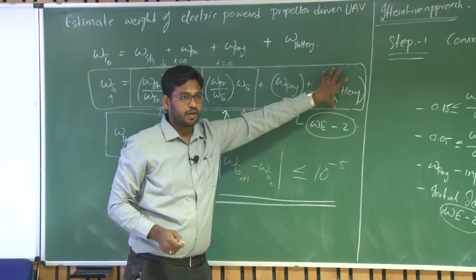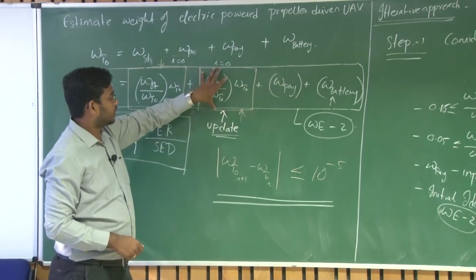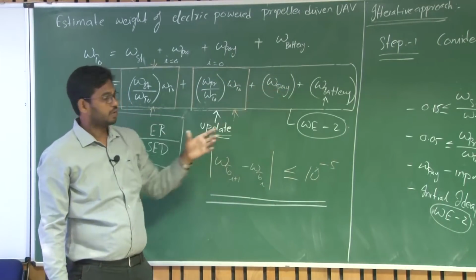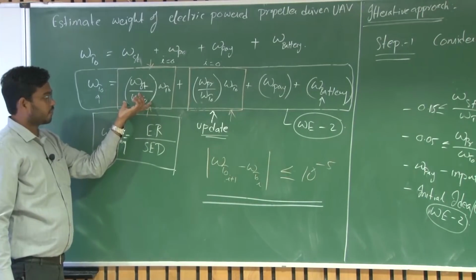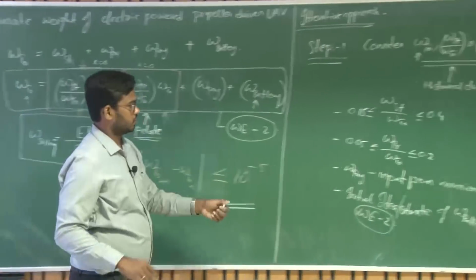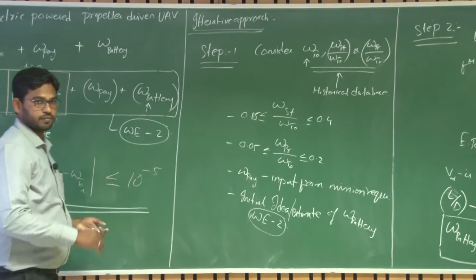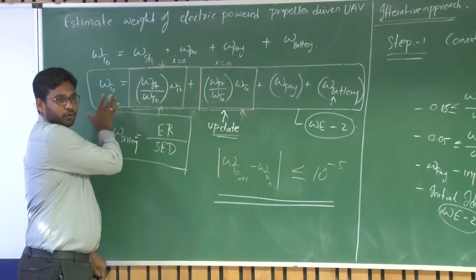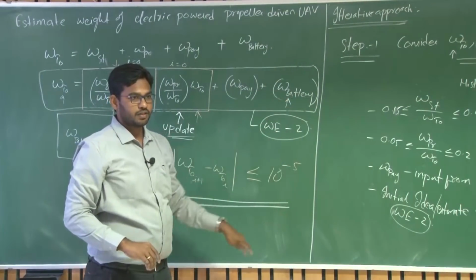We have an updated battery weight, we have a payload as per the new mission requirements, and your propulsion weight is also updated as per your new mission requirements, and now you are updating the structural weight. But in this case, you are still considering the structural weight ratio, right? You still have this ratio as an input from the historical database. Since the weights are updated here, again the overall takeoff weight changes. That means the battery weight needs to be estimated again, right?